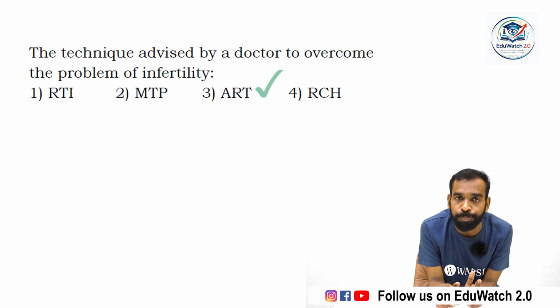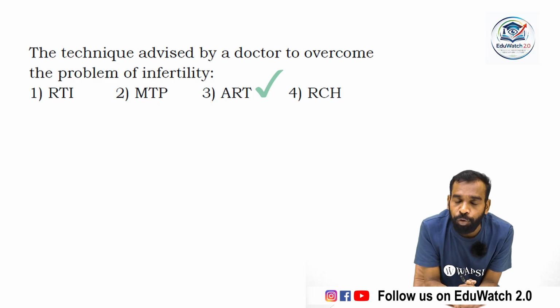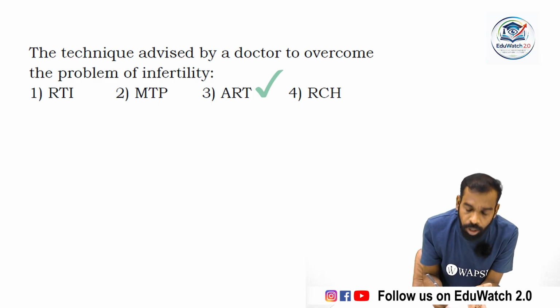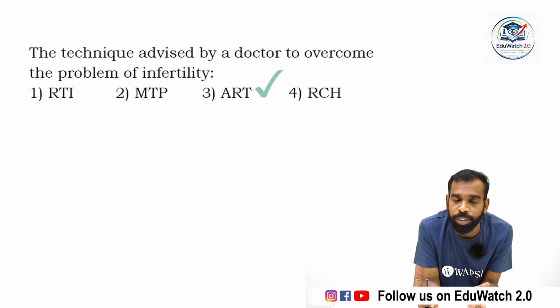Sperm count will be very less. And one more thing, if a female is not able to produce ovum, such kind of disorder will be cleared by assisted reproductive technology. Is it clear?